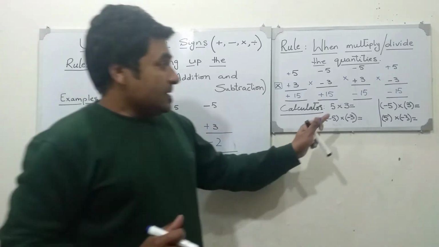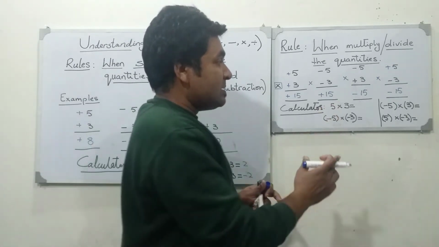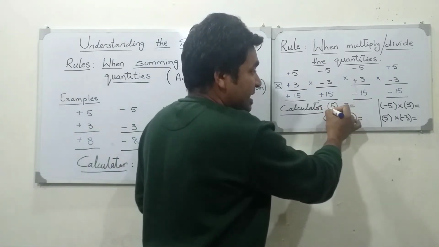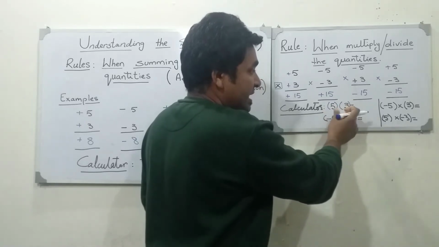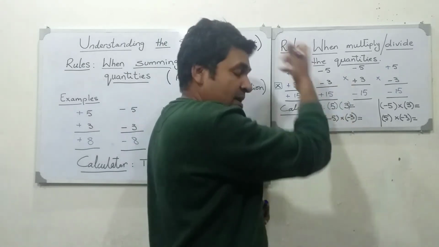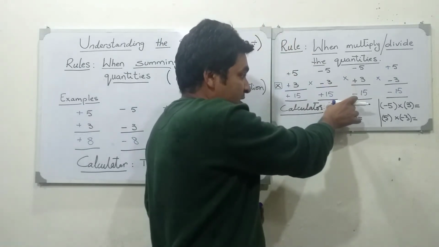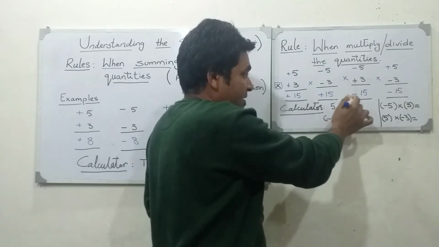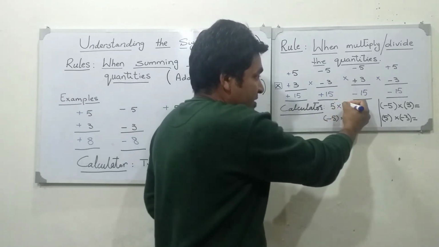But when you multiply, either you use the brackets, if you don't want to use the sign, because you know that brackets and the sign of multiplication have the same meaning. So if you are using this, it's fine. If you are using the sign of multiplication, it's fine.